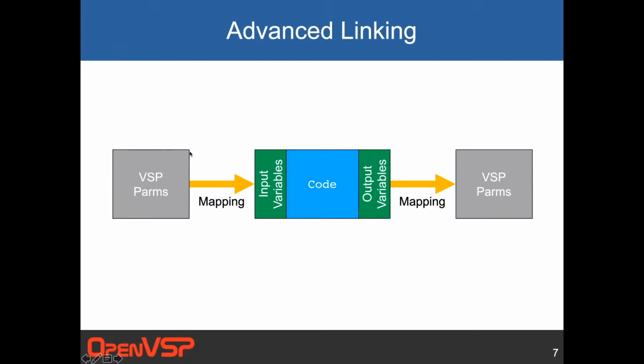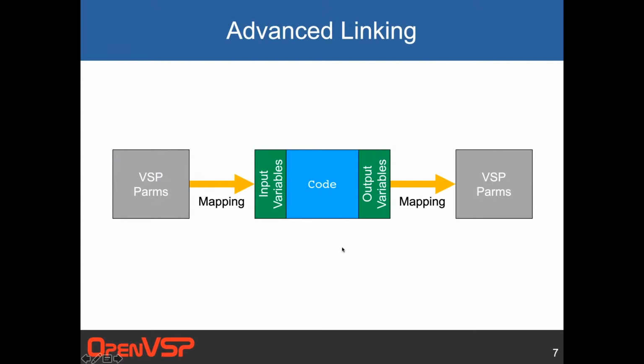Instead of wing aspect ratio, which is a very long name, you map it and you might just call it AR to give it a simple name that you're going to use in code. So first there's a mapping between the params to the variable names you want. Then there's the code. What do you actually want to be done, to be calculated. And then there's the output variables, where you have output variables as again, named quantities in code that then get mapped to the VSP parms.